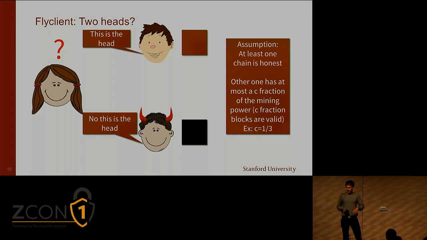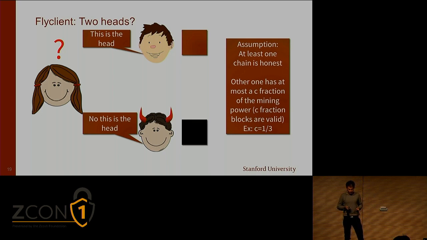And then the malicious party is significantly weaker than the honest chain. So the malicious party only has a c fraction of the mining power, or more specifically, only a c fraction of the blocks that he mines are valid. So he starts mining, and he can create blocks, but most of them will have faulty proof of work.